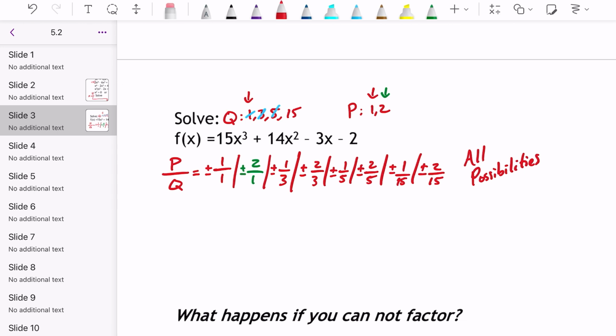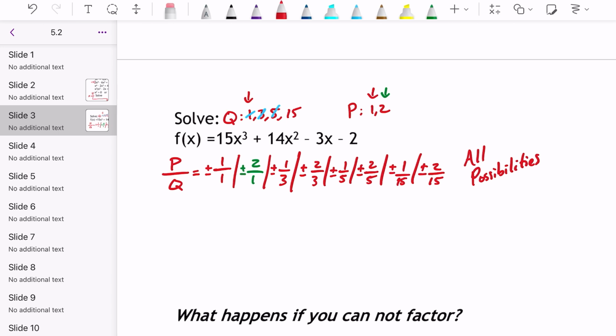Now, in this case, we are taking a look at how we can break down and figure out our factors. The long method behind this would be that we would have to test out each one of the possibilities using synthetic division and use the remainder theorem, which basically states that if we have a remainder other than 0, it is not a factor.